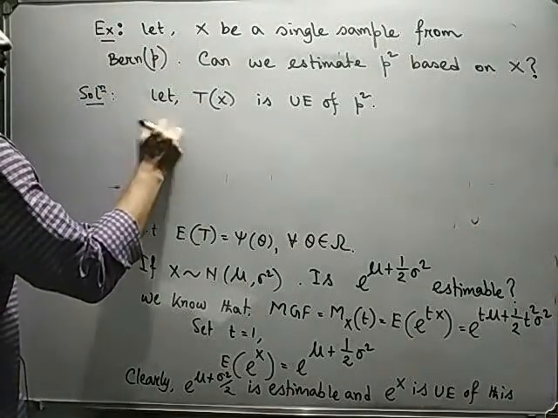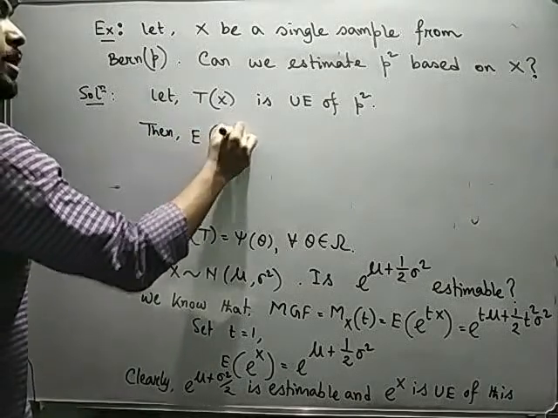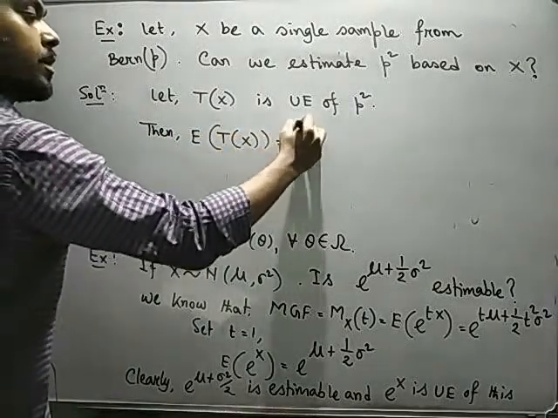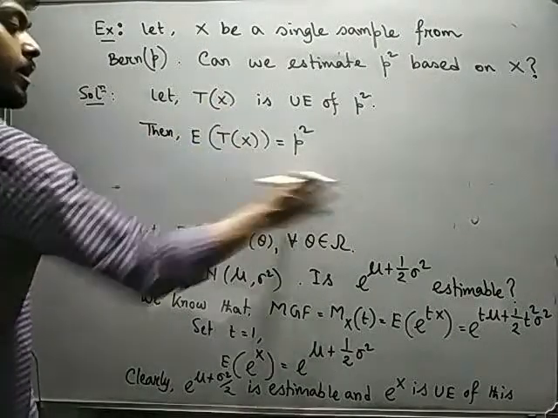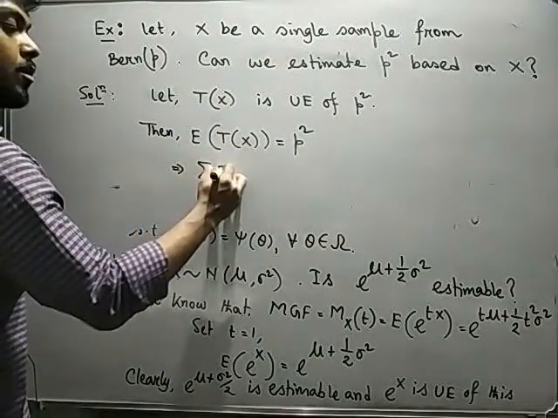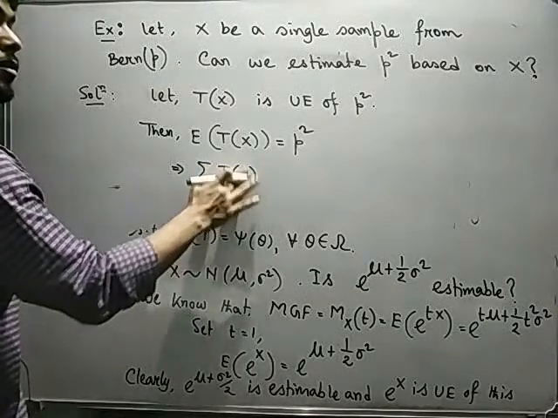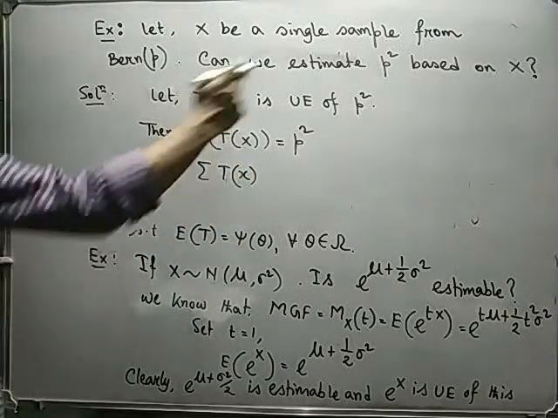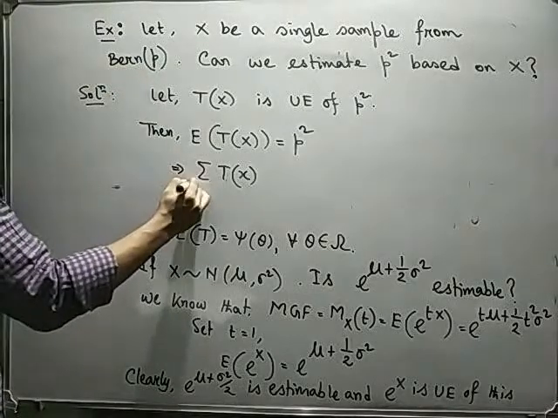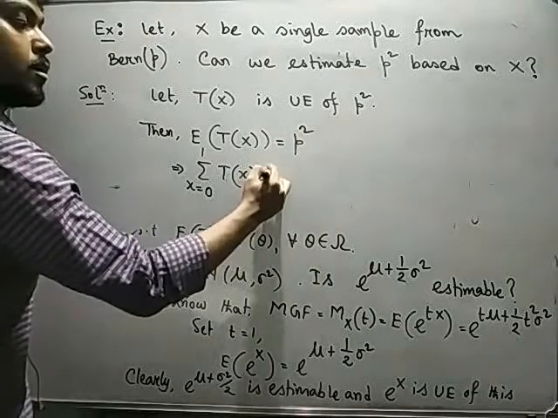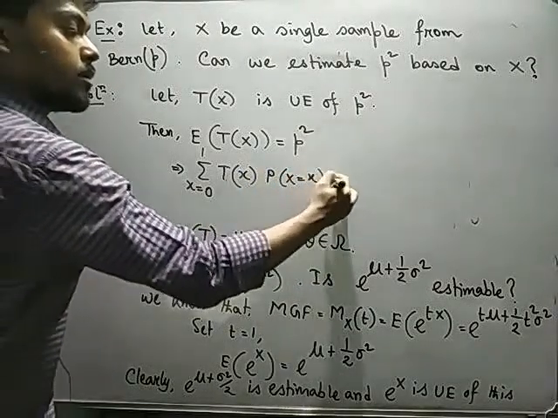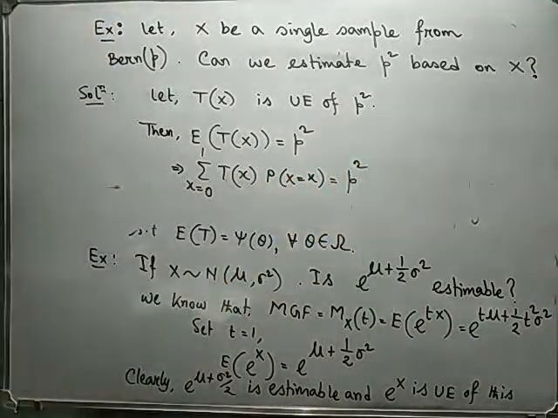So the expectation of T of X will be exactly P square. Now this can be written as the summation of T of small x, and for Bernoulli, X takes the values 0 and 1, so T of x into the probability of X equal to x equals P square.